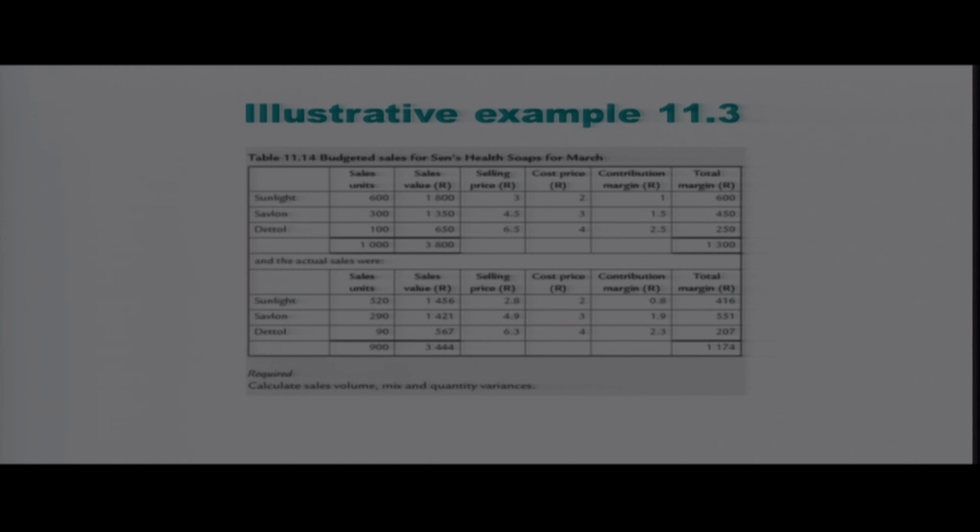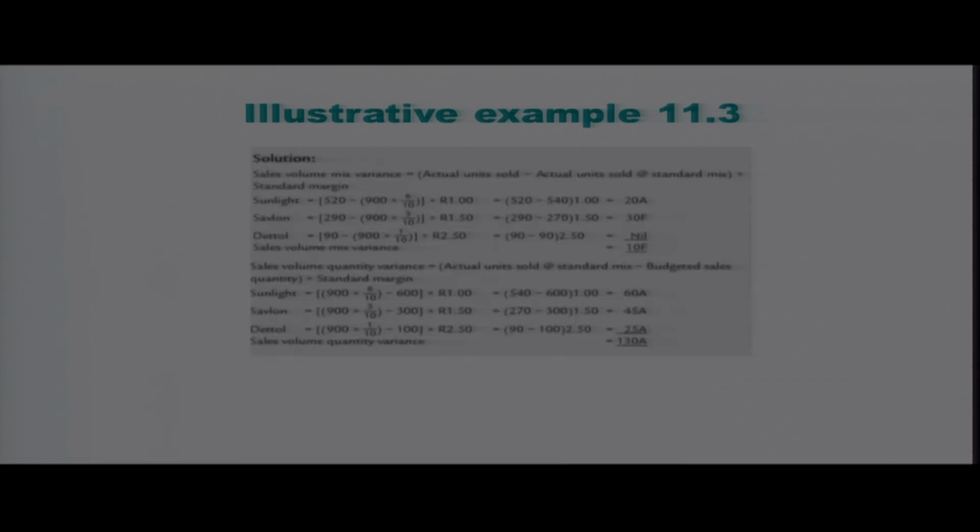And the actual sales were given, how many were sold for Sunlight, Savlon, as well as Dettol. The sales value for all of them, the selling price, the cost price, the contribution margin, as well as the total margin. So with this information, now we are going to try to calculate our sales mix.